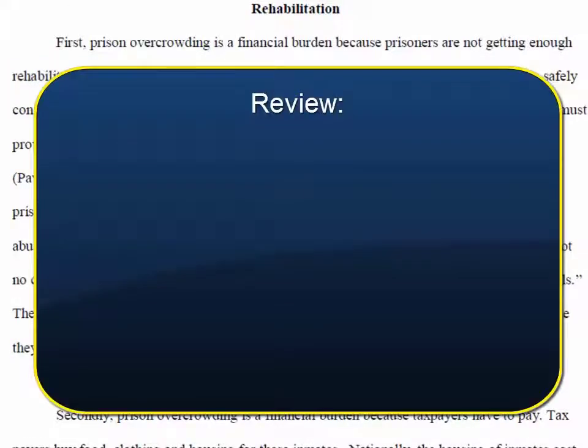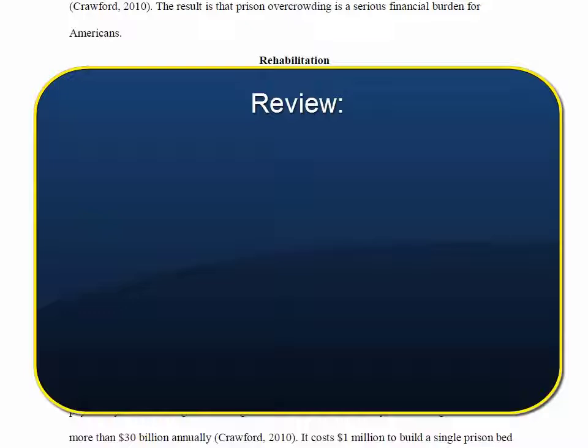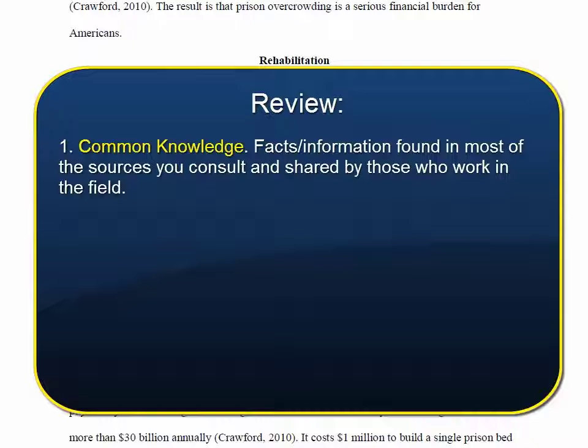Okay, let's quickly review what we've learned about the use of sources. 1. Common knowledge. These are facts and concepts already known by those who regularly write and research in a given area. You will be acquiring common knowledge as you research, as long as you are sure you have seen this information in the majority of sources you consulted.